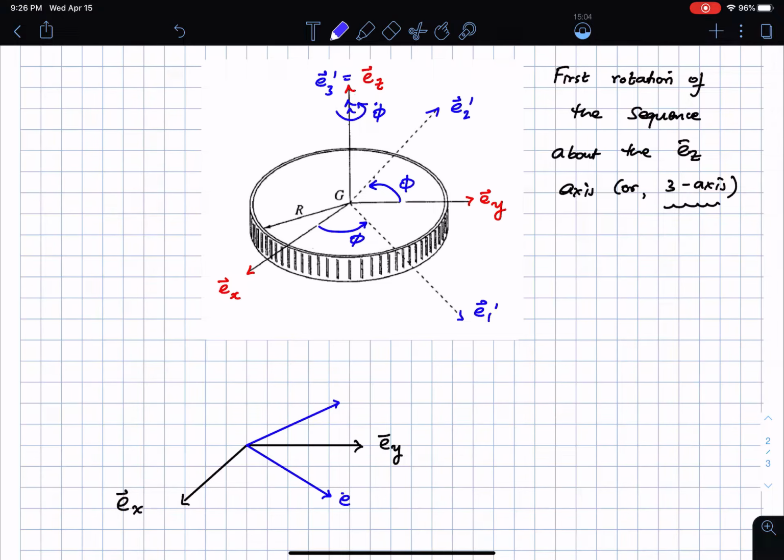So this is going to be E1 prime, E2 prime, this angle is phi, this angle is phi, and the rotation is performed about the third direction.